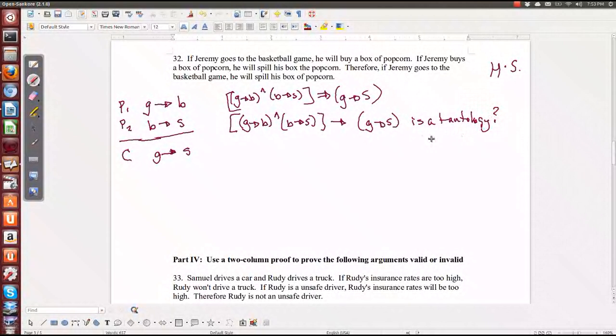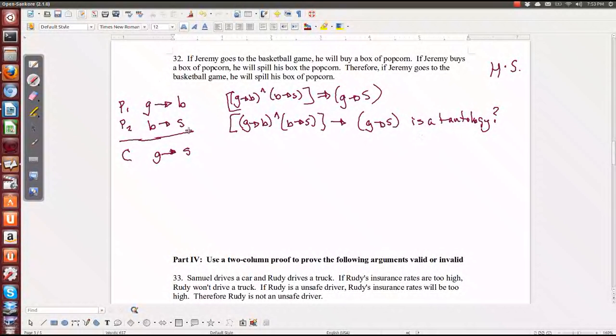Remember, a tautology is a statement that is always true. And so ideally, when I go through this process, I want to get a column that is all true at the end.